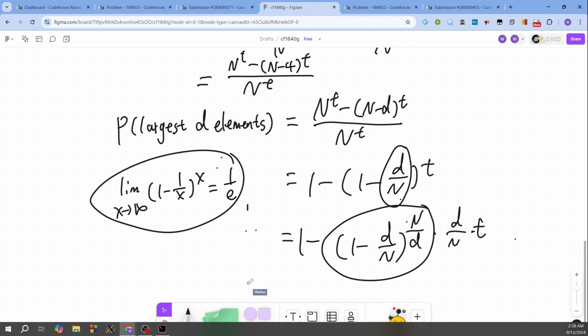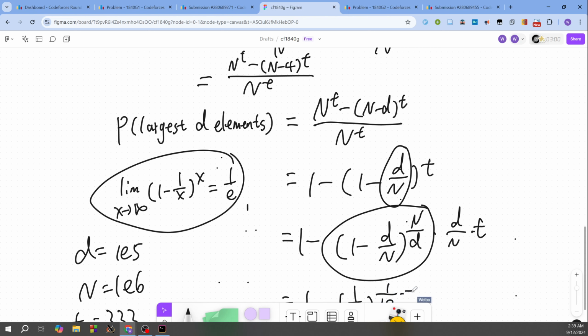Since we are interested in the probability that d falls into this range and n equal to this range, then we have something like 1 minus this, with t equal to 333. So these are considered e, and this times t.